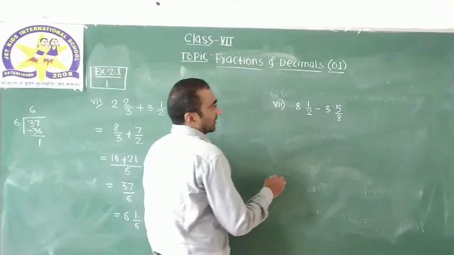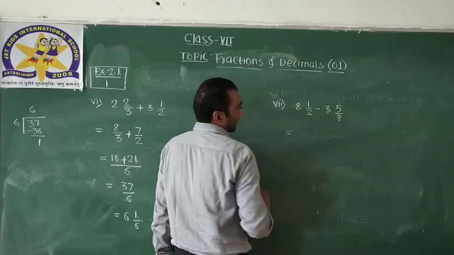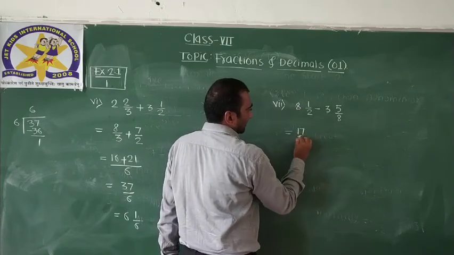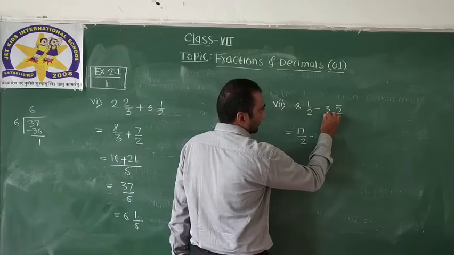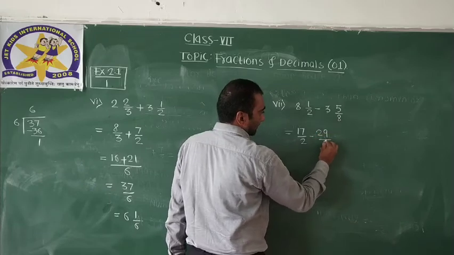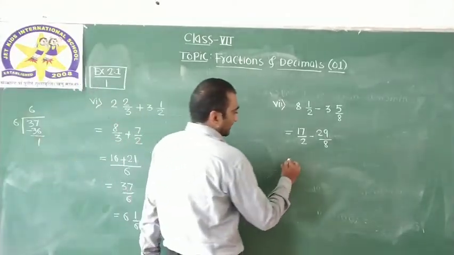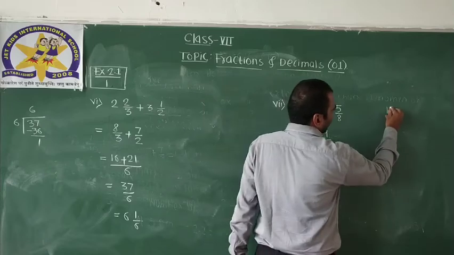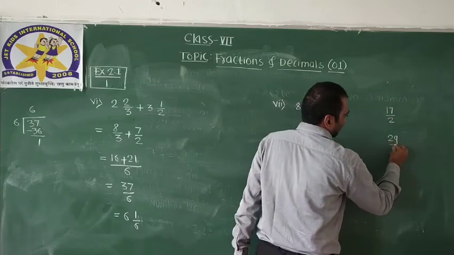8 integer 1 by 2 minus 3 integer 5 by 8. Now simplify it. 2 into 8, 16, 16 plus 1, 17 divided by 2 minus 8 into 3, 24, 24 plus 5, 29 by 8. Here you can take LCM 8. If we take LCM 8, then the first fraction is 17 by 2, the second fraction is 29 by 8.